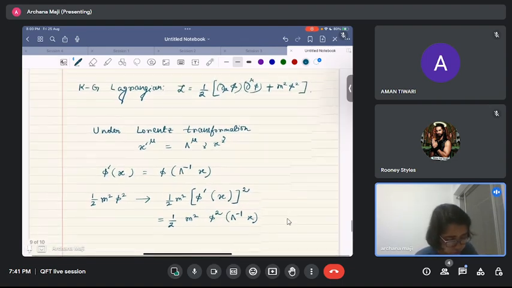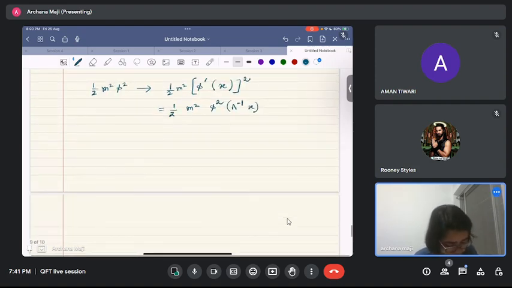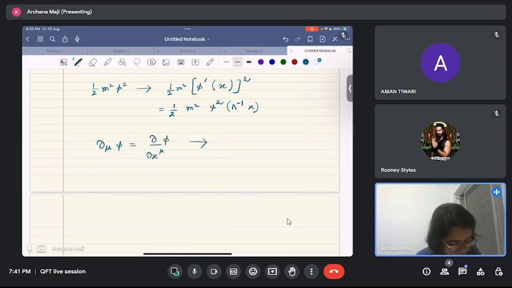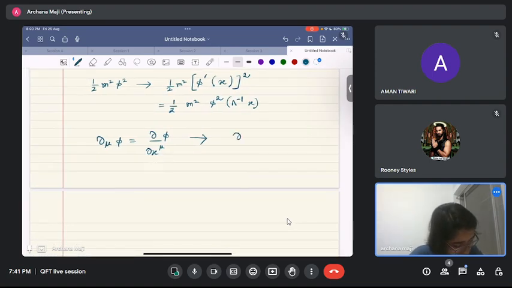But now let's look at how del mu phi, the derivative of the field phi, is getting modified. So del mu phi will become del x mu acting on phi. Now remember x mu is becoming lambda mu nu x nu.